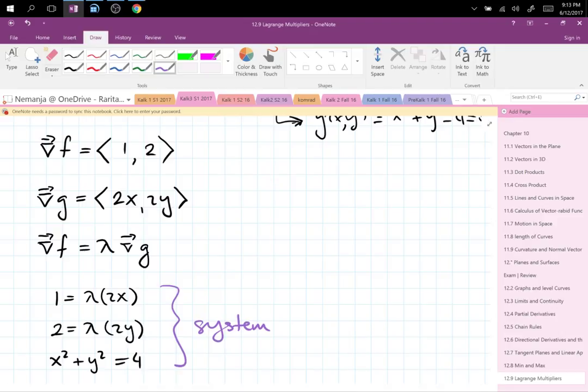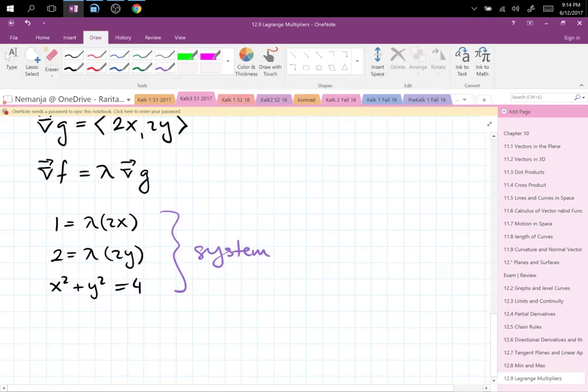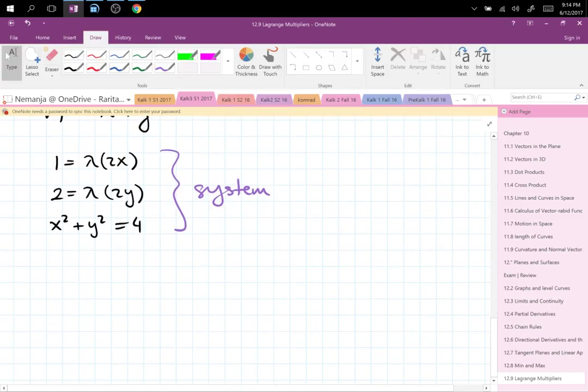But the majority of them you will be able to eliminate lambda and just go on. So we need to solve this system. Usually this is a nasty nonlinear system. This is easy here, but some crazier cases are coming up.